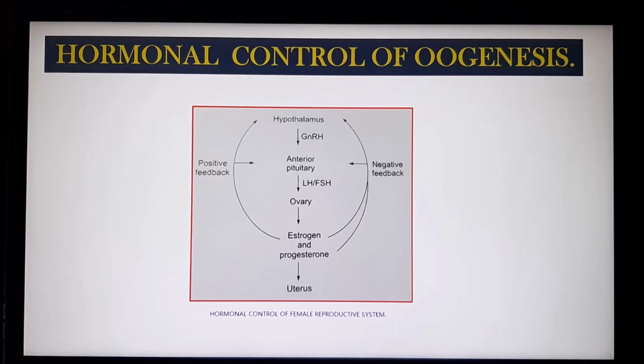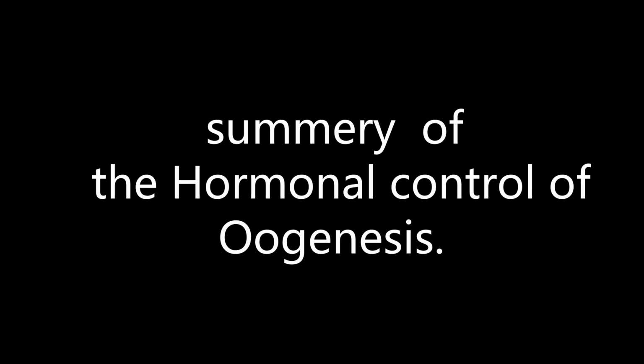After ovulation, the corpus luteum forms and the hormone progesterone is formed. The presence of progesterone helps the uterus for implantation, and it also gives negative feedback to the pituitary and hypothalamus, which inhibits the further secretion of GnRH, FSH and LH.